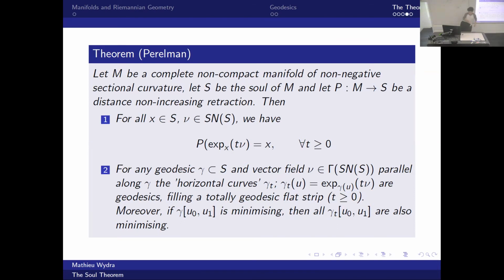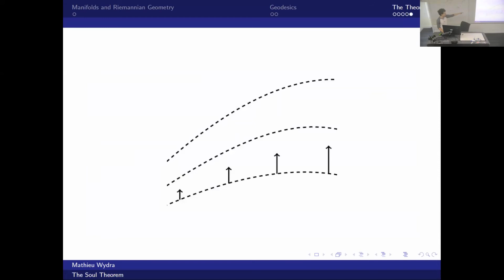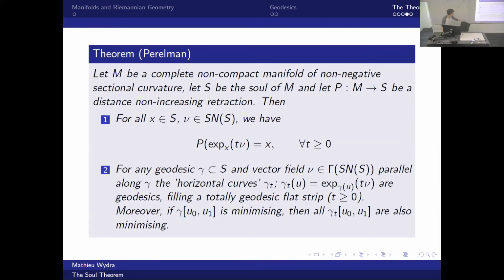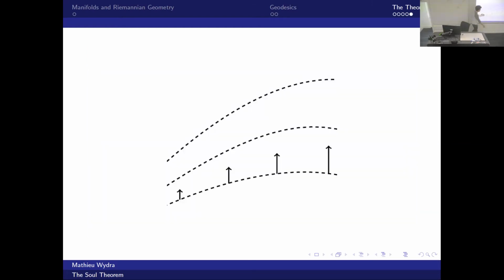So you fill a flat strip, and the sectional curvature ends up being 0. And then if you take this geodesic between 2 points, it's minimizing, i.e. the shortest geodesic between 2 points, then any of the other geodesics are also the shortest one. Seems evident, and the proof isn't that long either.